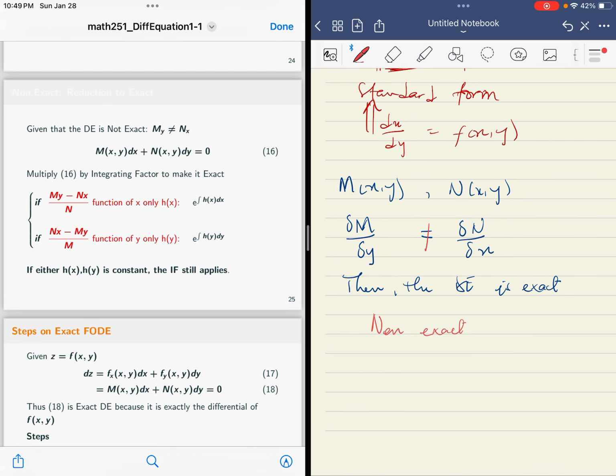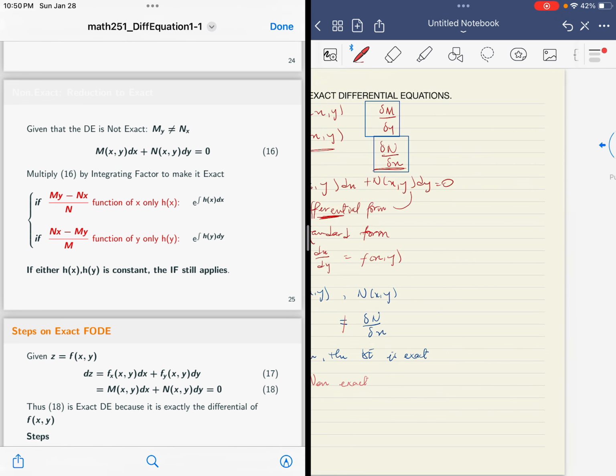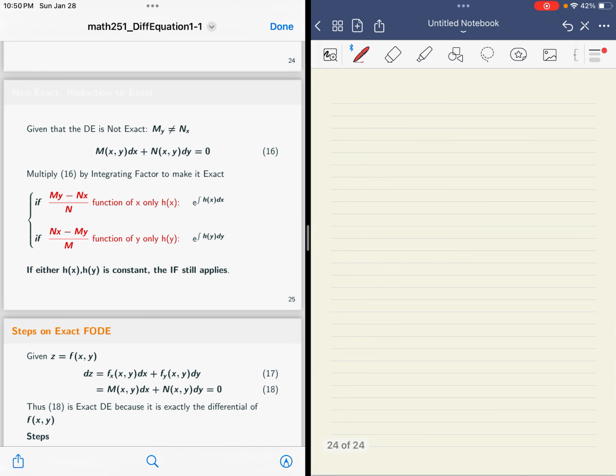Before we go to non-exactness, I want us to skip a little bit and come back. Let's try some examples of equations that are exact, see how to go about it, and then we come back and see what we do when we face non-exactness. So let's look at a few examples.